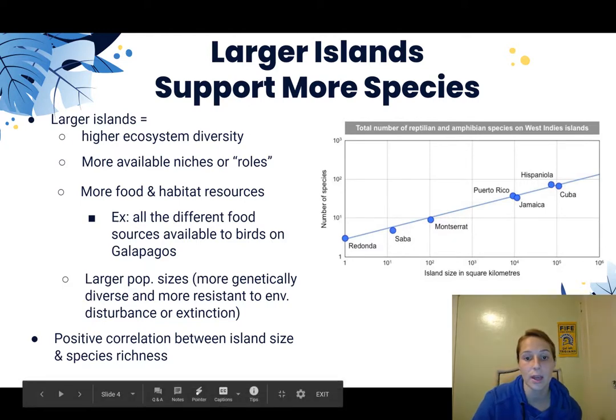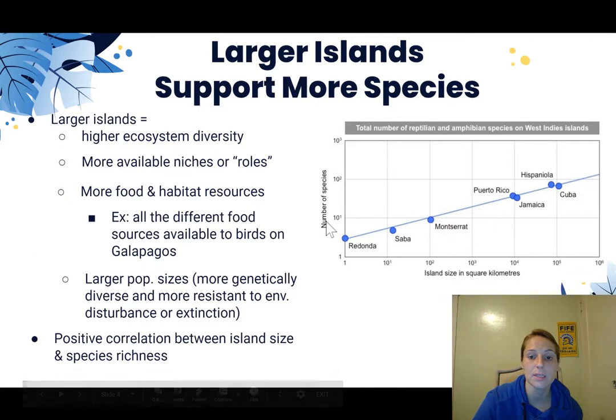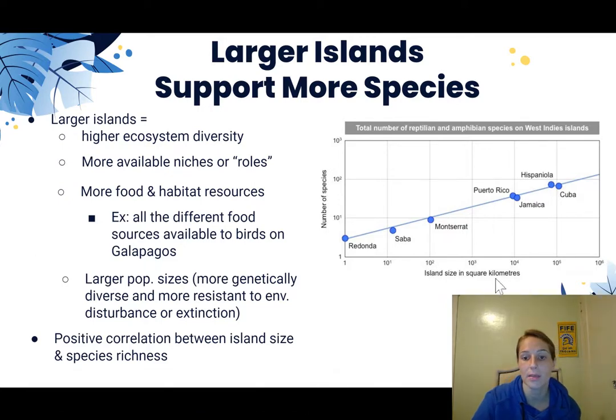Specifically here, in this graph, we've got the number of species on the y-axis and the island size on the x-axis. As the island size goes up, we also see species richness going up on these islands.